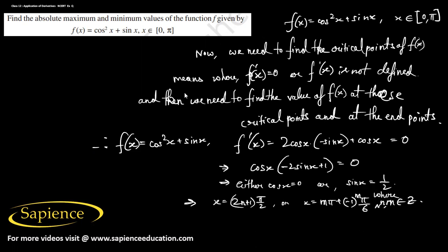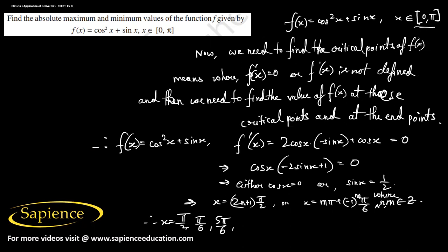So now we need to find the critical points in this given interval. So x can be equal to pi by 2, or if we put m equal to 0 here, then it will be pi by 6, and if we put 1, then that will be pi minus pi by 6, that is 5 pi by 6.